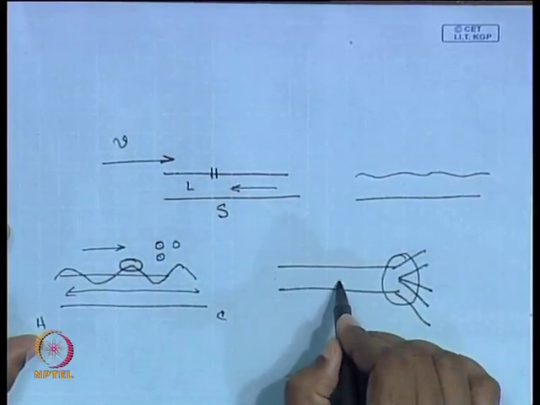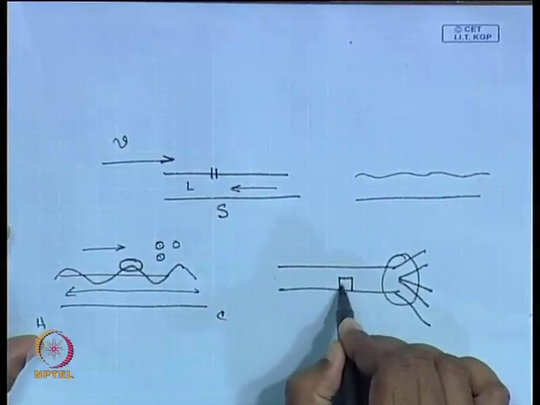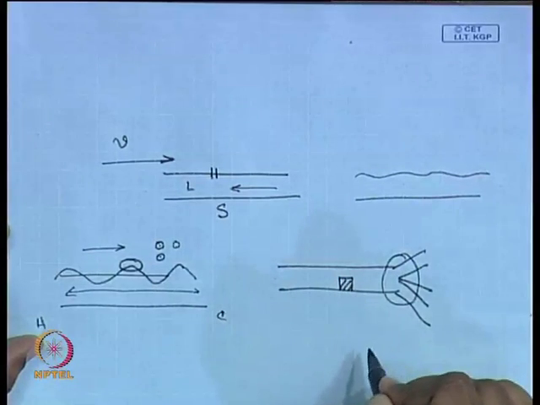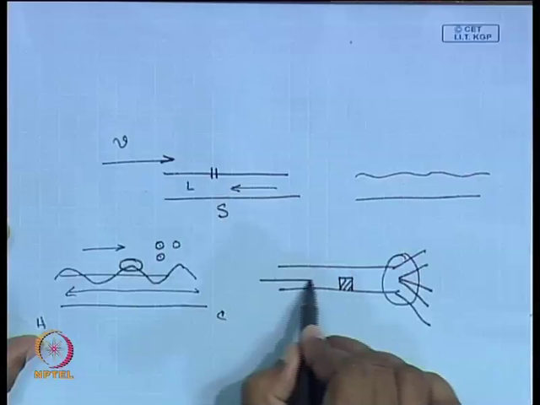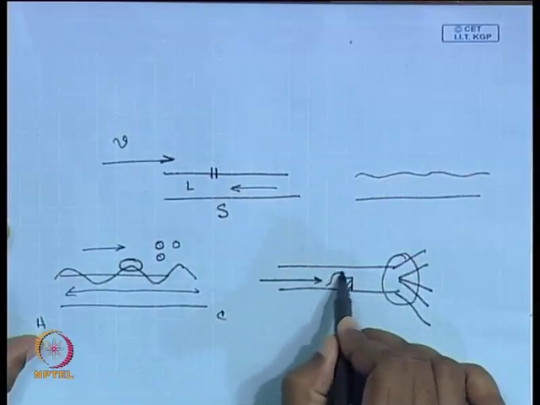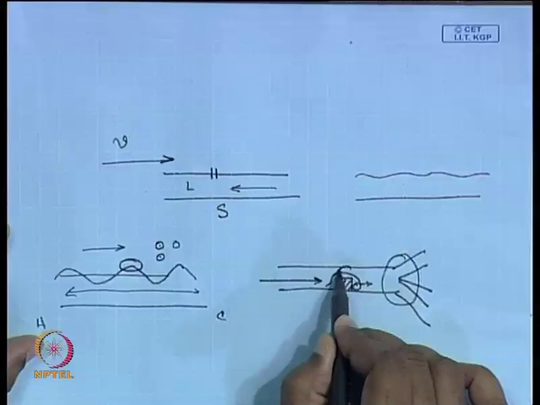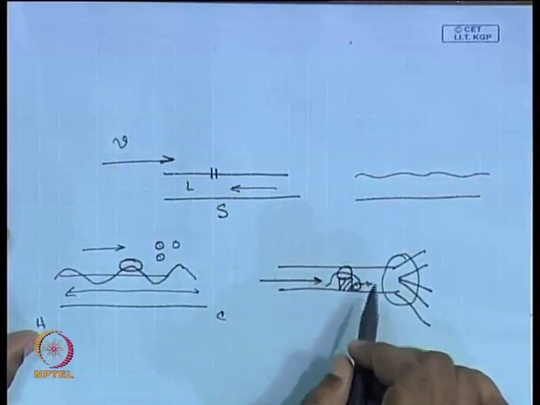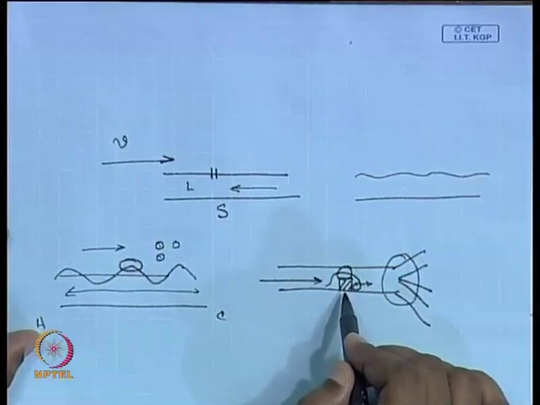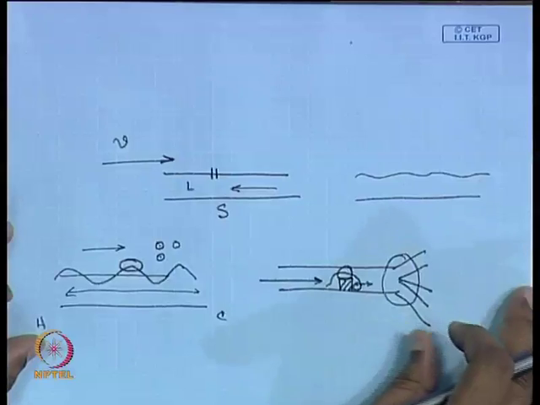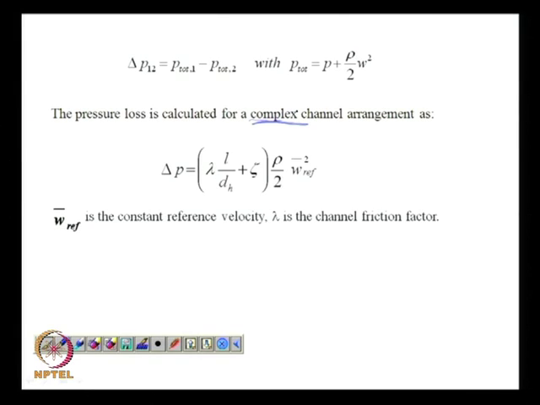Suppose you have a device in which a sensor is kept inside a flow. So, you have a fluid coming in, and then it flows like this, creating a low pressure side over here and a high pressure side over here. So, the presence of these internals would create localized turbulence, which has to be taken into account.